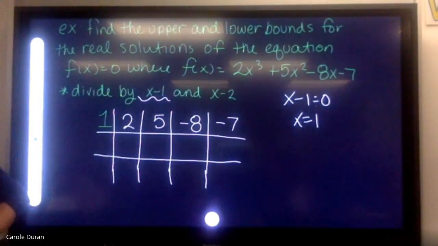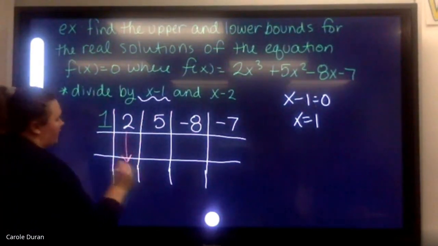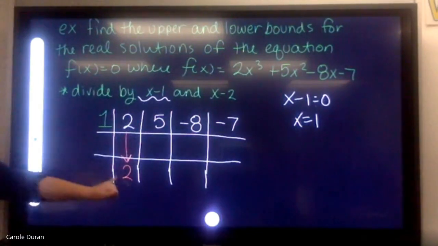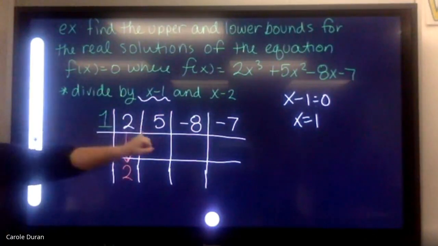That's what division means. Well, we multiply to divide. It's kind of confusing, but when I'm doing synthetic division, we always drop down our first coefficient first, all the way down to that third row. Then I take that coefficient times the number I'm dividing out, and it goes under the next coefficient.